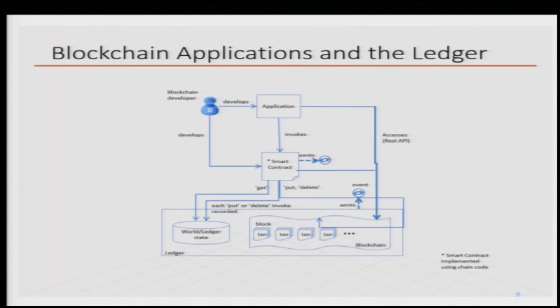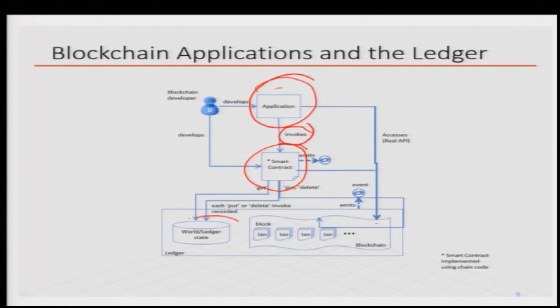So the blockchain applications invoke smart contracts. An application, as we saw, is like a dApp, a distributed application. It has the ability to also query the blockchain, and this access is provided through what we call REST APIs. And then the blockchain developer develops both the application and the individual smart contracts that together make the application work.